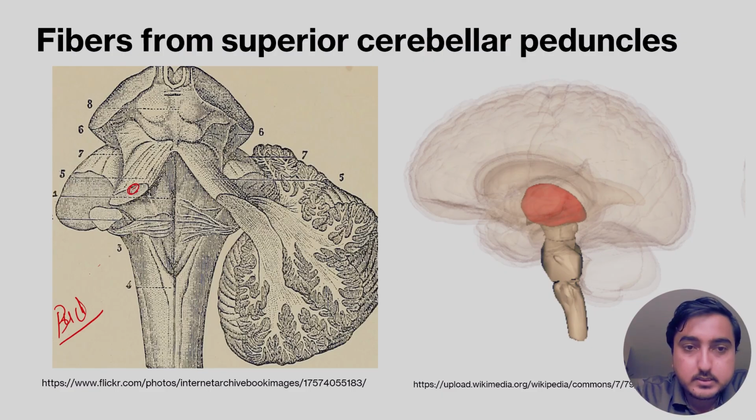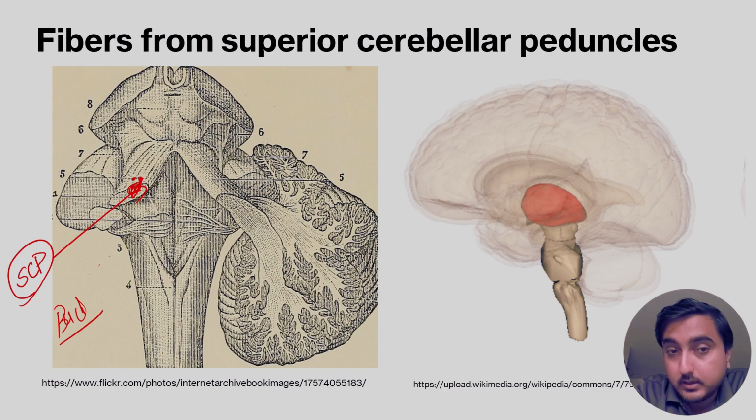So this one here is the superior cerebellar peduncle. From here, from the different nuclei, mostly the dentate nuclei, the fibers originate and they cross to the other side. All right, and the fibers cross to the other side and reach the red nucleus.